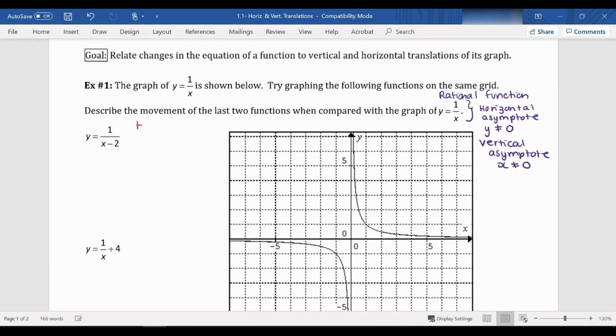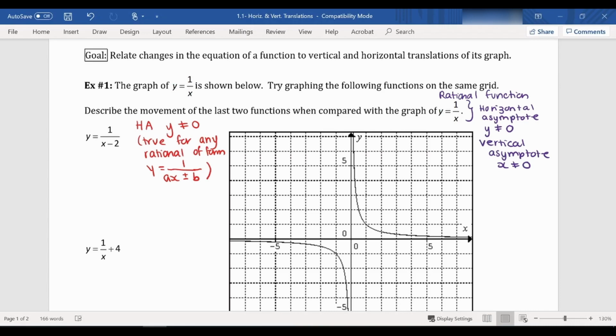So this has a horizontal asymptote, y cannot equal 0, which is true for any rational function of the form y equals 1 over x plus or minus some number. We can just call this some number b. Okay. You might also have a coefficient in front of your x, so I'm going to put an a here because if you have something like 1 over 2x minus 5, that will also have a horizontal asymptote, y cannot equal 0.